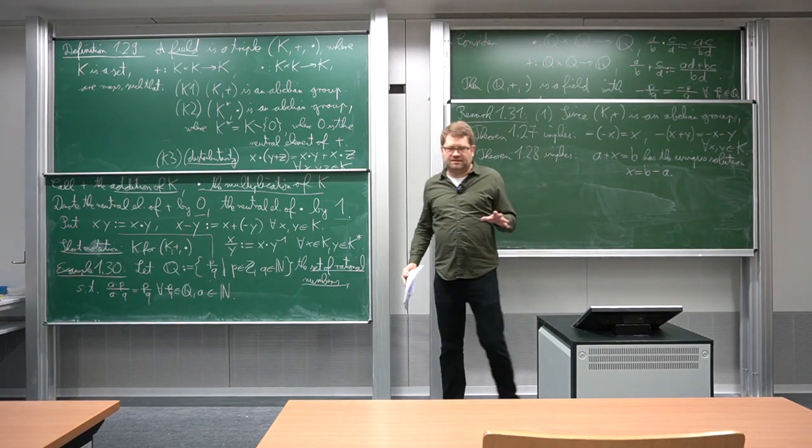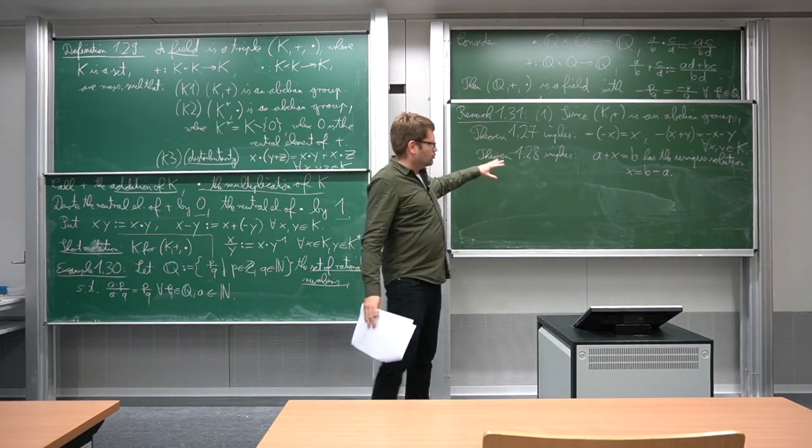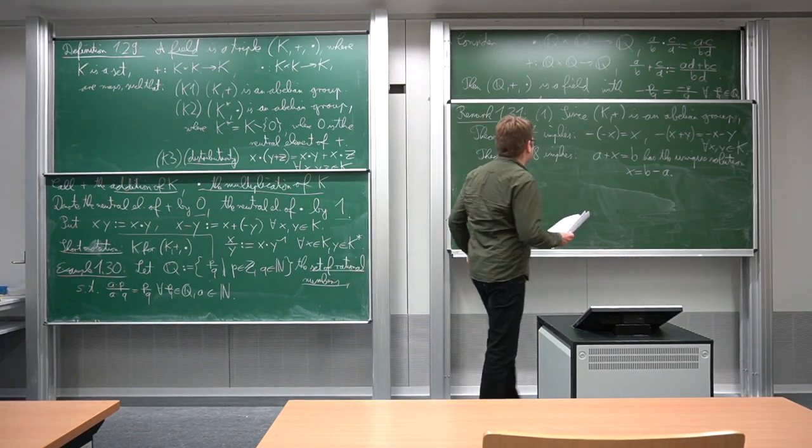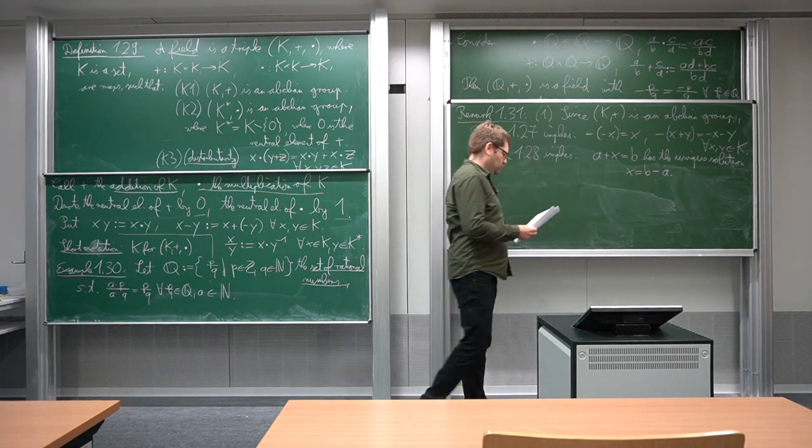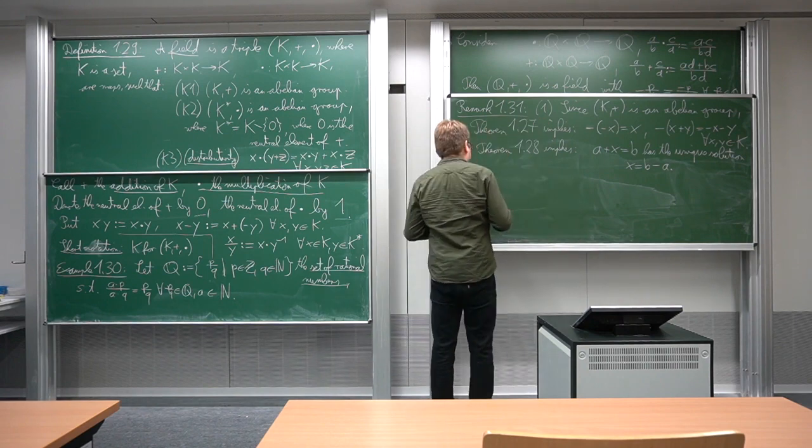So this is another sanity check. Also this computational rule makes sense. I hope you get more comfortable with the notion of a field, as you see that several rules that you already knew also hold there.